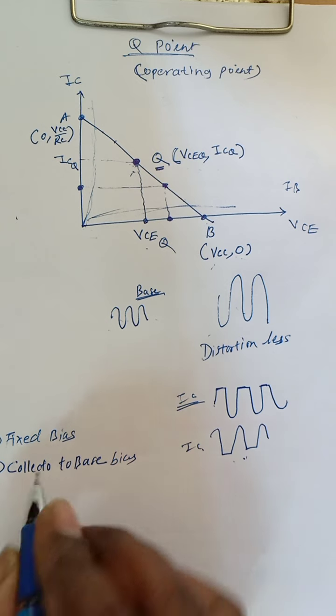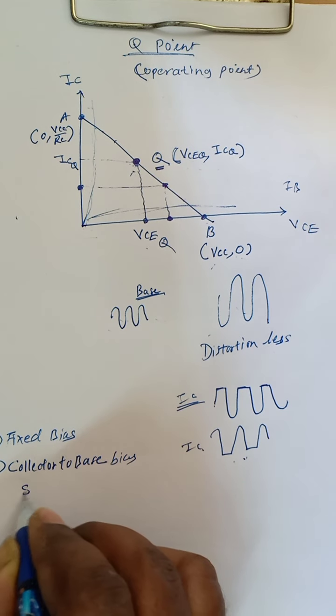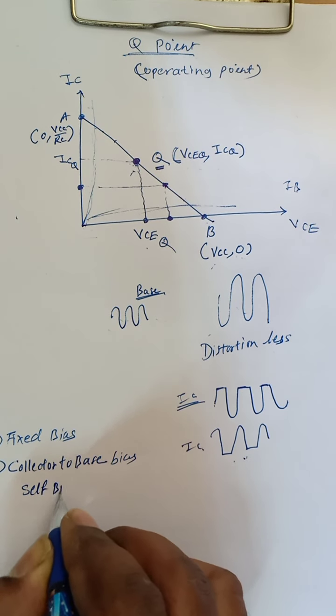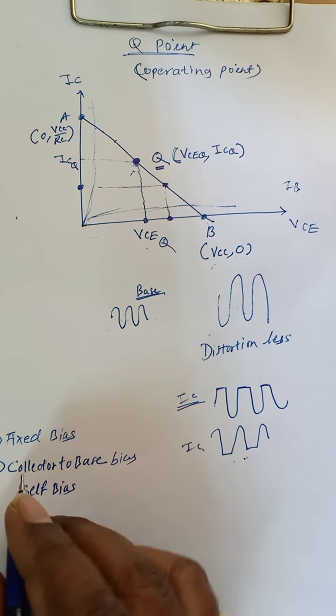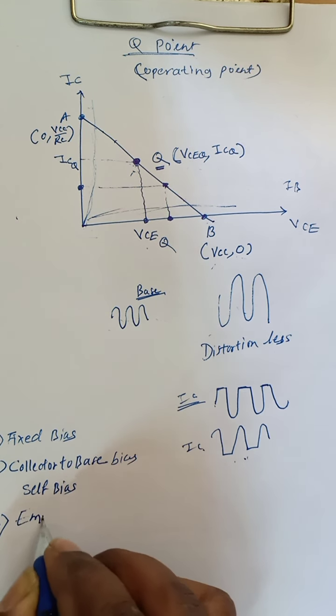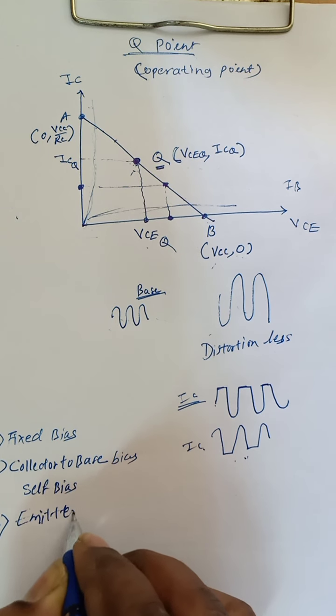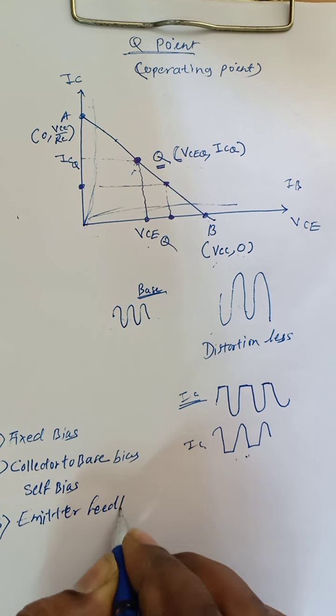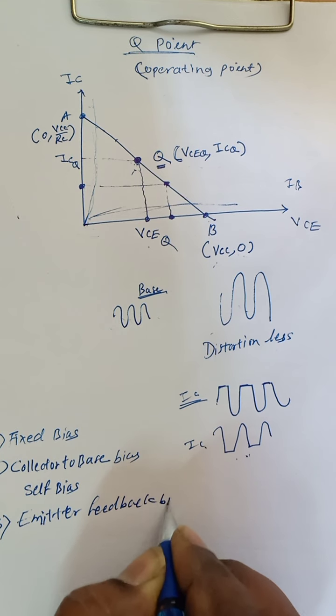Collector to base bias is called self bias. The third one is emitter feedback bias.